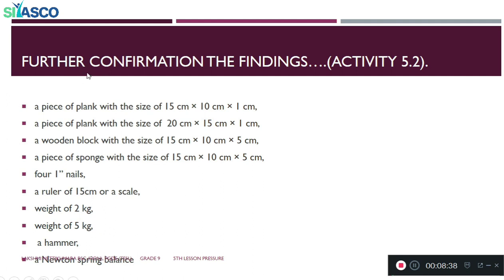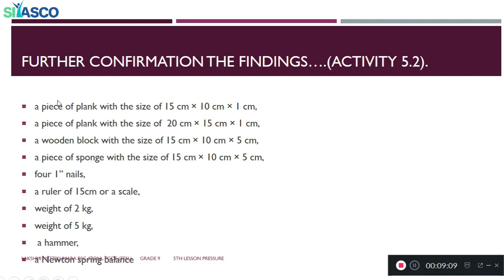So now we want to confirm whether that earlier finding is correct or not. Now let's conduct this activity 5.2. For that experiment you need different things. A piece of plank, a wooden plank with a size of 15 into 10 into 1 centimeter. Another plank 20 into 15 into 1 centimeter.